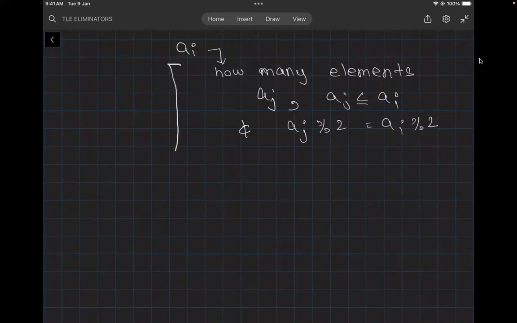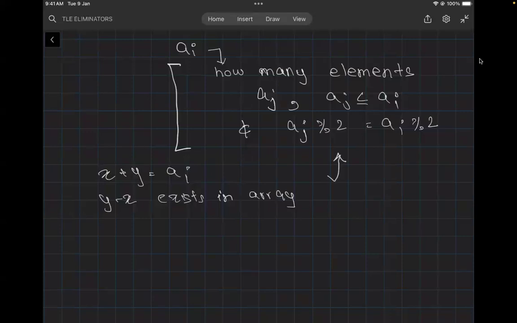This is all that we need to know, because what did we want to calculate? x plus y is equal to ai and y minus x exists in the array. What did we decompose it into? That we want to check how many elements are there in the array aj such that aj is smaller than or equal to ai and the parity is the same.